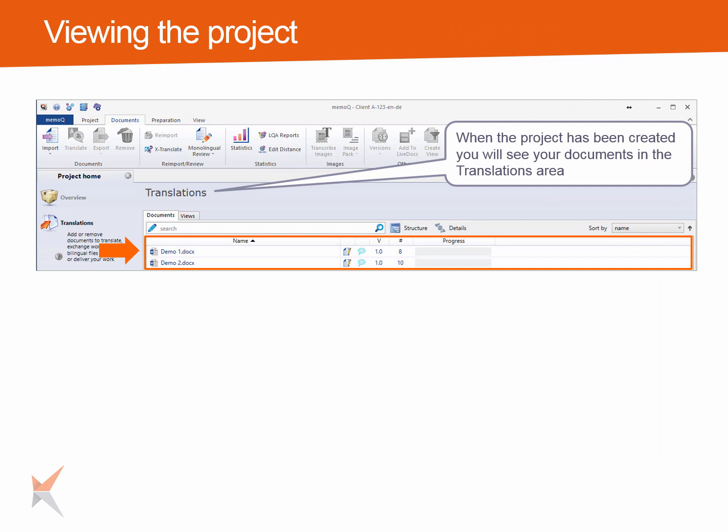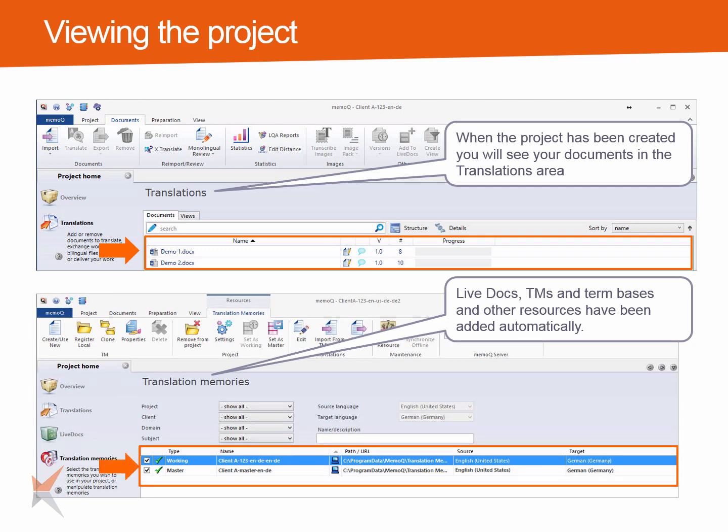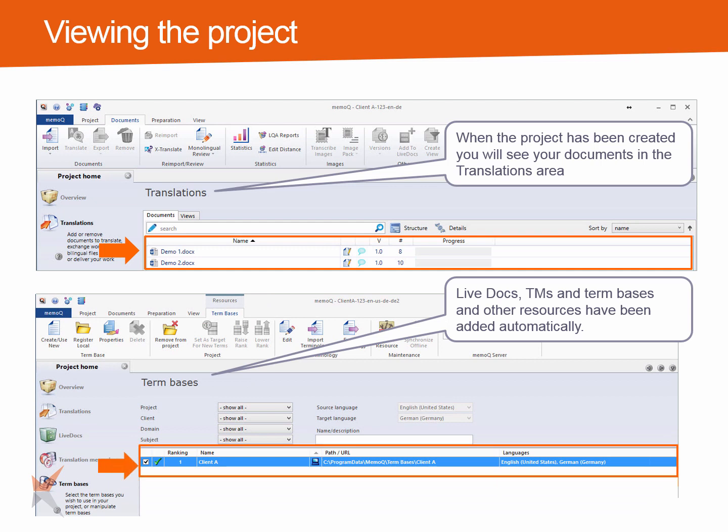When the project has been created, you will see your documents in the Translations area. Live docs, TMs, and term bases, as well as all other resources and settings, have been added automatically. You can now start translating your documents.